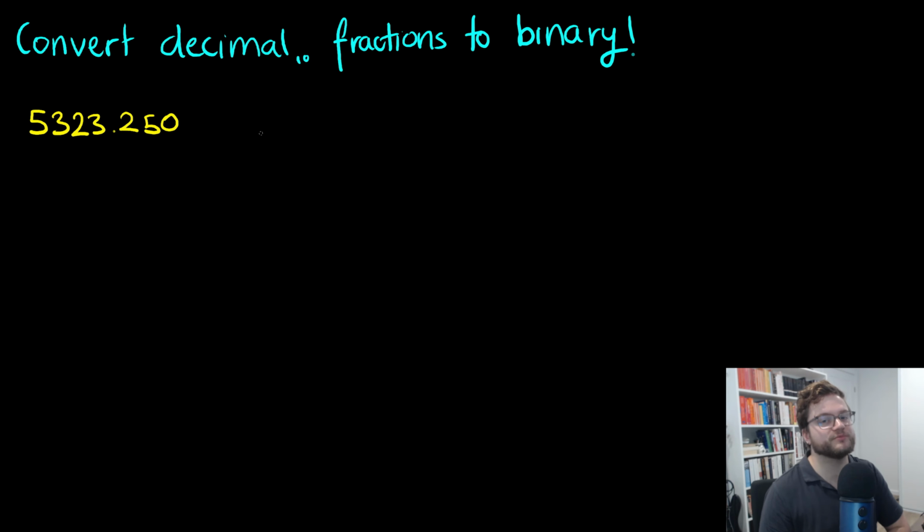Well, if you watched my video on the binary division method, you know that you continually divide and then you get your most significant bit to your least significant bit. But what do we do with this? Do we continually divide that? Well, no, we don't. We actually do the opposite of that.